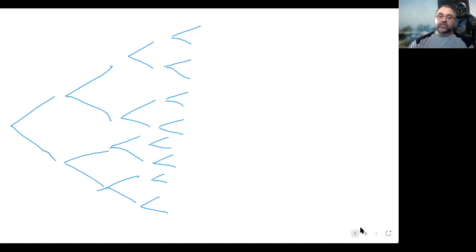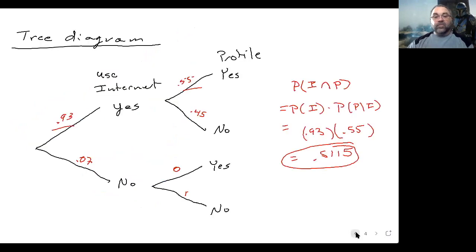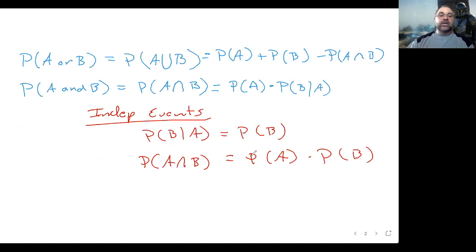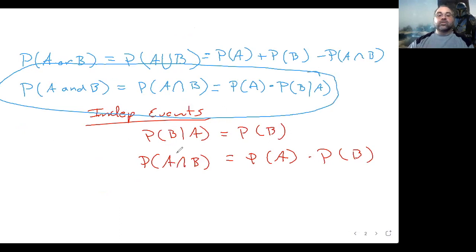All right, that's about it, guys. I did want to add one last thing: if I take this equation and do a little bit of algebra, it reveals a way to calculate a conditional probability.